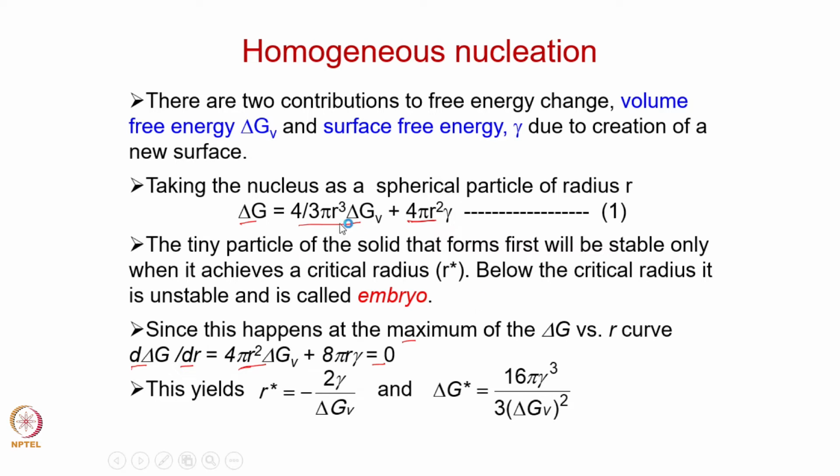That is, if you simply differentiate equation 1 with respect to r, this is what you get. And from here you can derive r star as minus 2 gamma by delta GV, that is, the critical size or the critical radius of the nucleus.